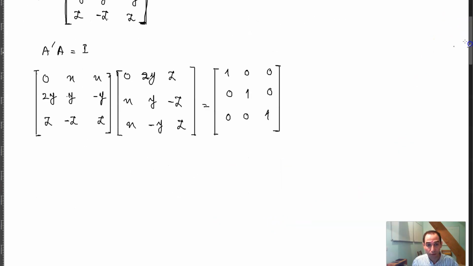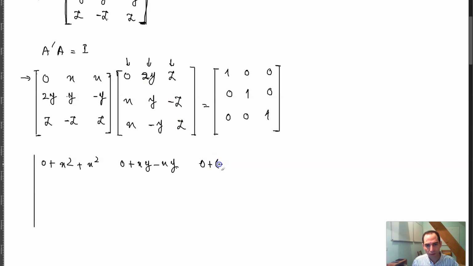And now we can calculate this. So we have 3 unknowns here. If I do the matrix multiplication here, I get a 3 by 3 matrix. 0 times 0 is equal to 0. And x times x is equal to x squared. And x times x is equal to x squared. Then I have this row times this column: 0, xy, and negative xy. Then this row times this column: 0, negative xz, and xz.